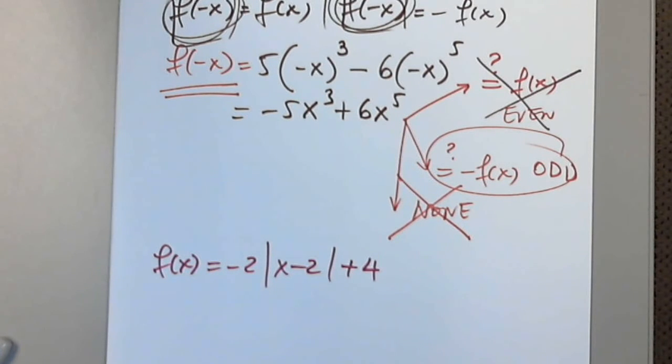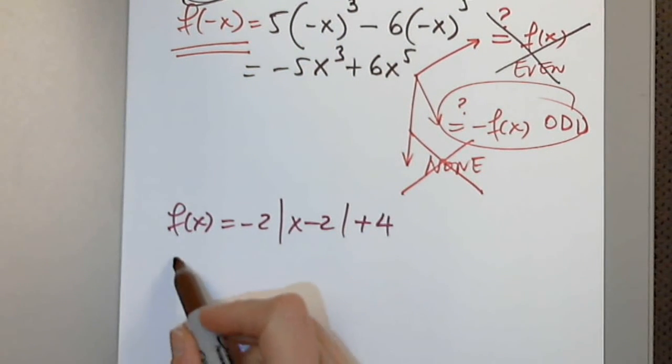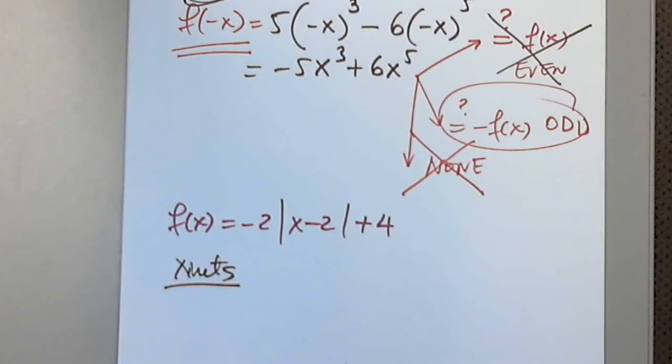So the question here is, use transformations to graph this function, find the domain, find the range, and find the x and y intercepts algebraically. So let's start with that. I want to find the x-intercept, or intercepts. How do I find the x-intercepts? For any function, not just for this one.